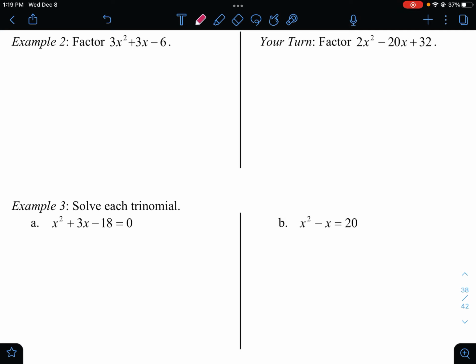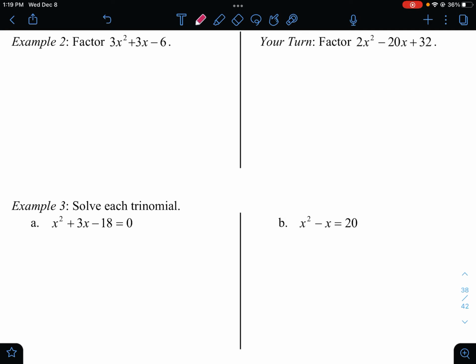So, like I said, the keystones will only ever give you ones where the A value is 1. However, I say that, and then you're going to see questions like example 2, where there's a 3 there. And anytime they do that, that just means you will be able to factor that value out.